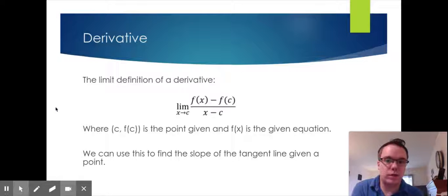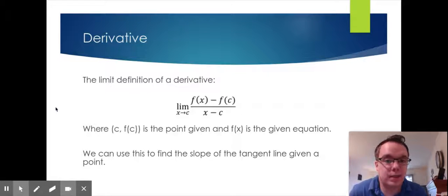Since we're just starting this, we're going to use the easier one, which is if we're given a point c, f of c, so our x and our y give us our c and f of c, and an equation, then we can find the slope of the tangent line using this formula. This one's just slightly easier to start off with, but they are the same definition. So we are going to use this formula today.